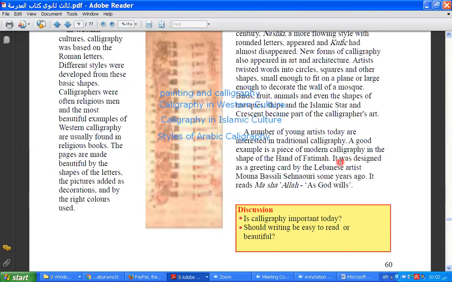Here, calligraphers and artists started to be interested in traditional calligraphy because it's a kind of art. For example, there is a modern calligraphy in the shape of the hand of Fatima.